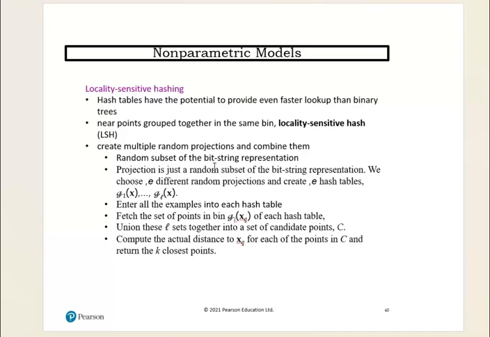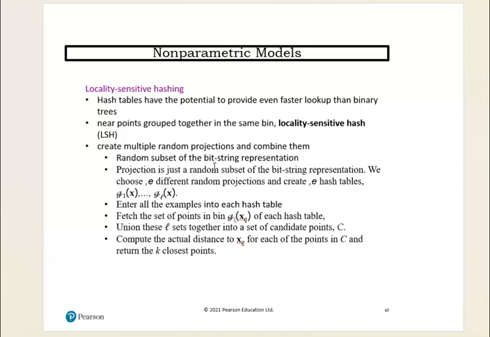Okay, we'll call that big C. And then we compute the actual distance to xq for each one of these candidate points in C and return the k closest points. Now notice that the size of that candidate set C is going to be much smaller than if you just did regular k nearest neighbor in the original feature space. Okay, so you're going to have to evaluate a much smaller set of candidates to identify the closest points among them.